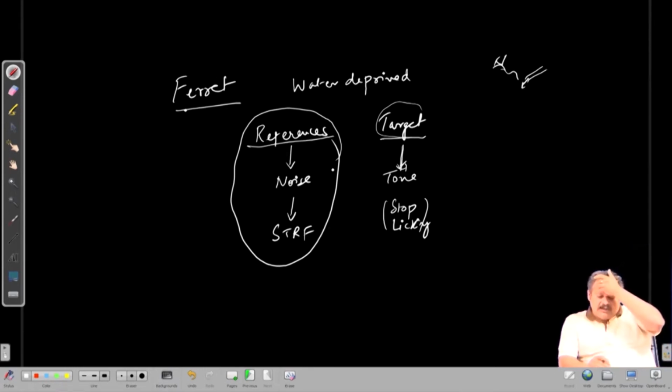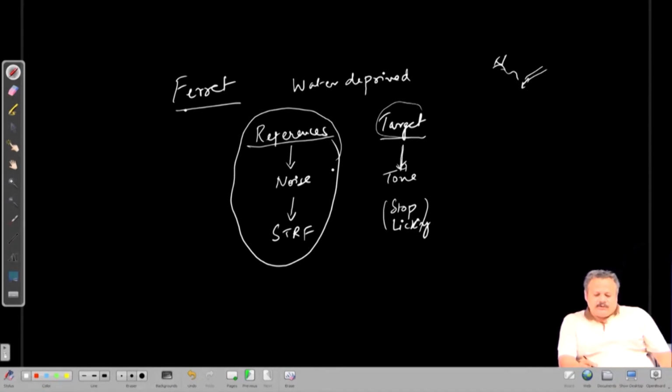This can be done in parallel with simple presentation of the same sounds when the ferret is not performing that task. From the same ferret, they performed experiments where the ferret was simply listening to the sounds passively without paying attention to what is coming on, whether it is reference or target, as it is cued to not do the water licking task.